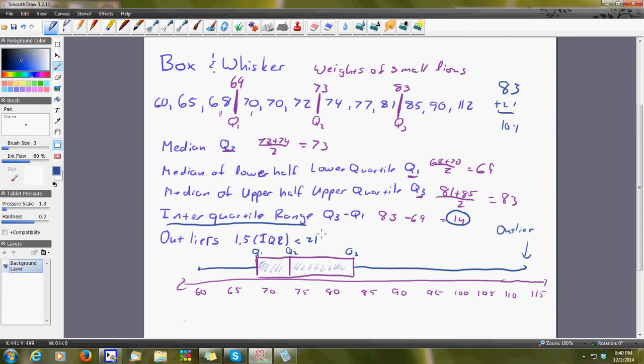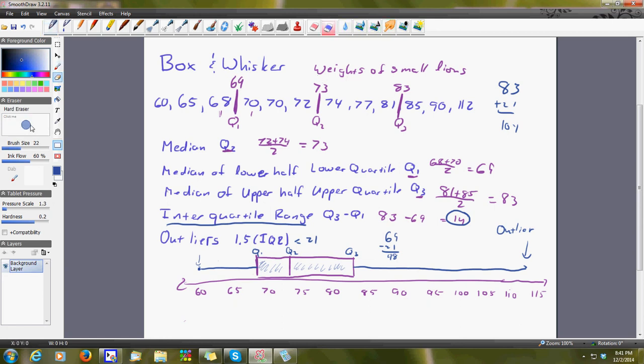If I take 69 and I subtract 21, I get 48, which means that although 60 is a low score, it's not an outlier because it's not 1.5 times the interquartile range less than the first quartile, but this value is.